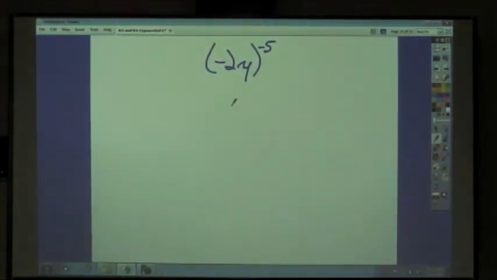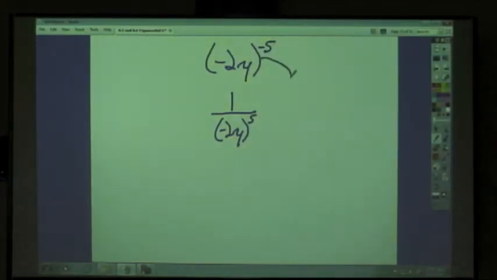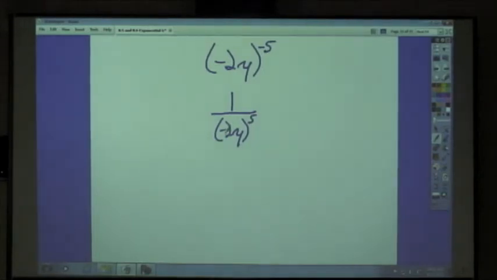So basically what happens is this becomes 1 over negative 2y raised to the 5th power. Like I said, you move it to the opposite part of the fraction and make the exponent positive. Don't do anything to the base, just make the exponent positive.